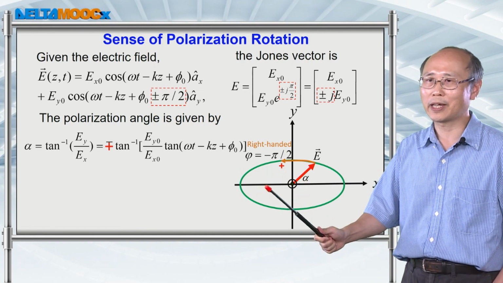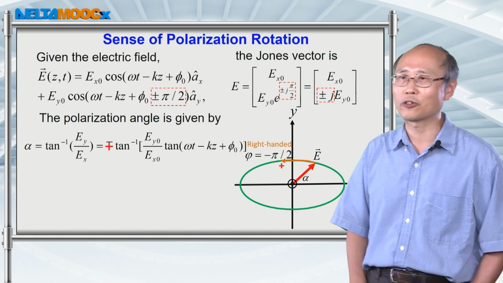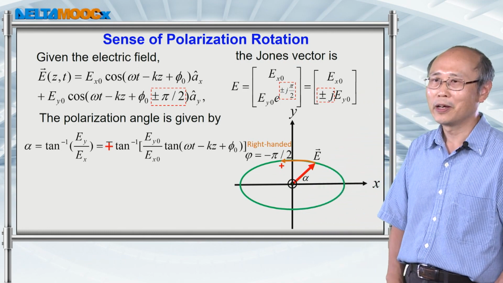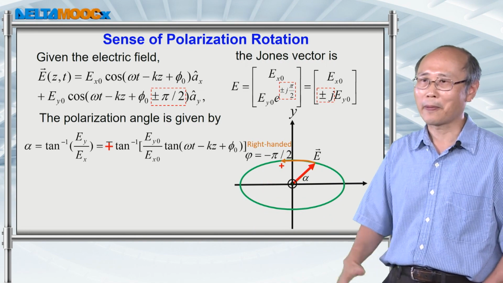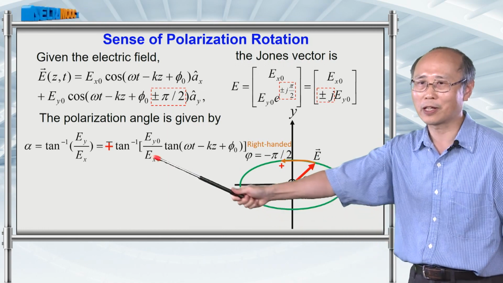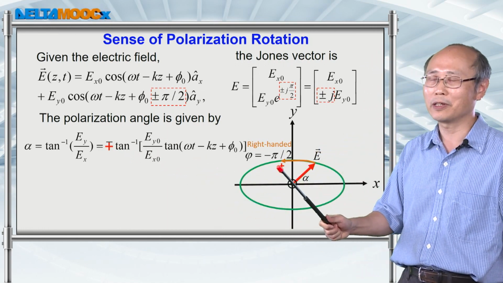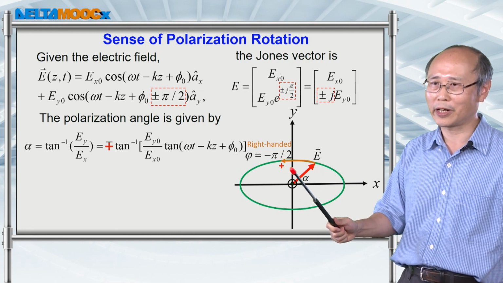And so this means that if you try to detect the direction of the electric field versus time, it's going to do a rotation on this ellipse. And the rotation direction for this plus sign is going to be along the counterclockwise direction.